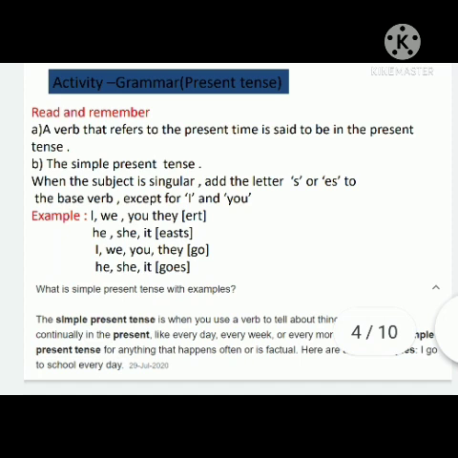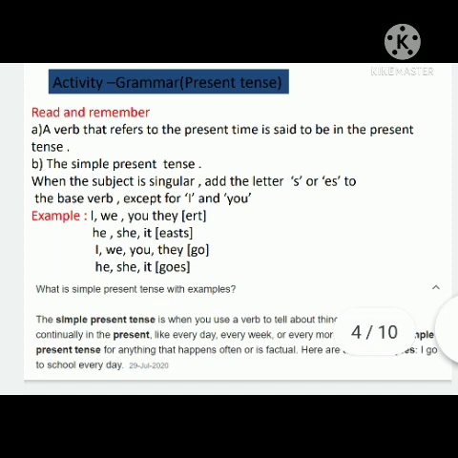Next, if I, we, you is the subject, we write go only. Instead of I, we, you, if he, she, it is there, we should add es to the verb. What is the verb here? Go.